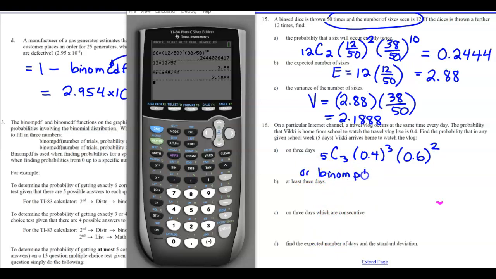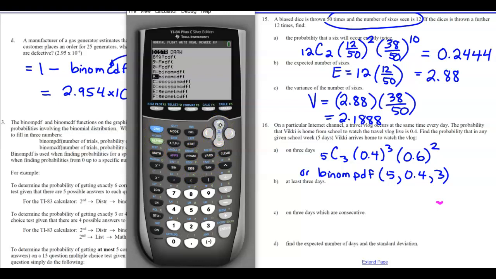Or you can use the binomial PDF, with 5 and 0.4. Okay, at least 3 days.